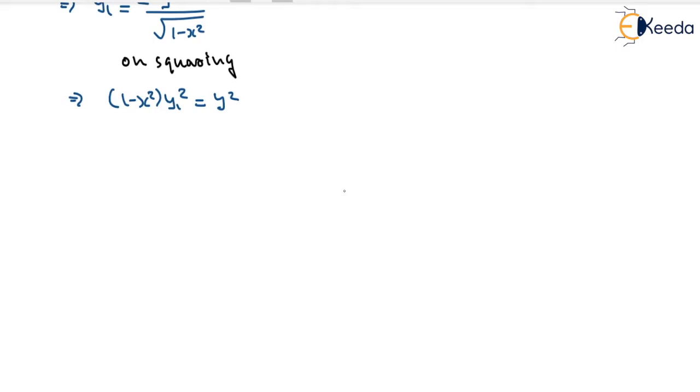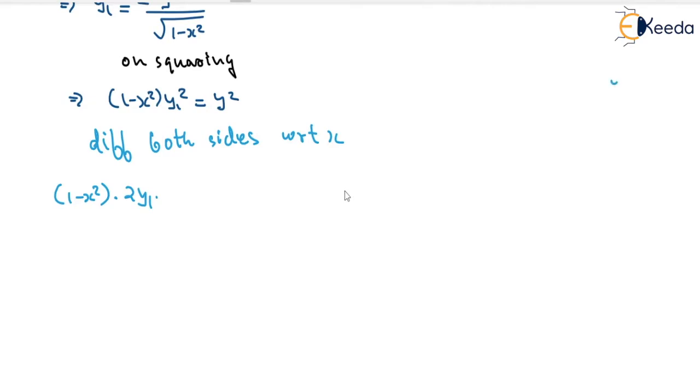Now differentiating this both the sides with respect to x, we'll get for this 1 minus x square into y1 square. So let's do the UV differentiation. 1 minus x square, and differentiation of y1 square is 2y1 into y1 dash.